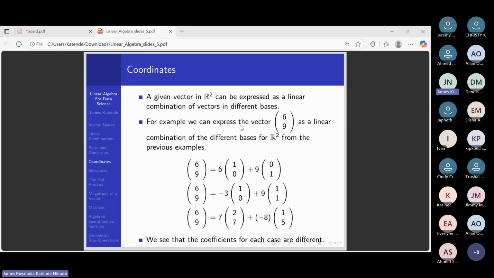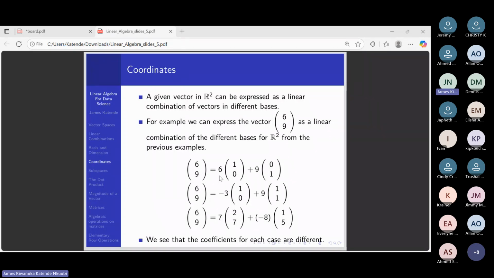So we'll start with an example. We have the vector 6, 9. You are going to write the same vector in 3 different ways using 3 different bases. These are all bases we have considered before. The first basis consists of the vectors 1, 0 and 0, 1. Earlier on, we saw it's possible to write any vector in R2 as a linear combination of these 2 vectors.